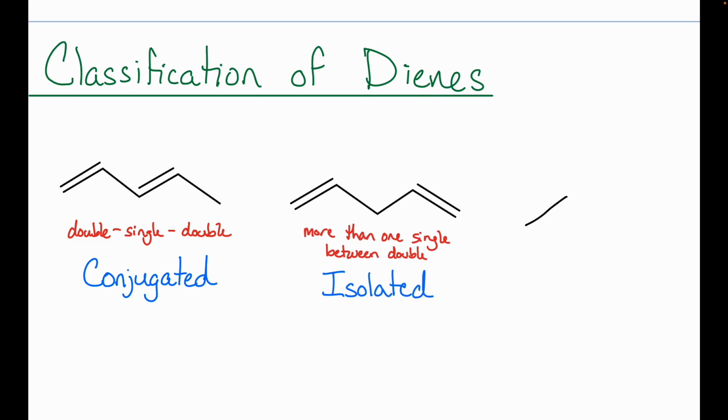And the last one, which you really won't see very often at all, but if those two double bonds are located directly next to one another, all right, back-to-back double bonds, this is what we call a cumulated diene.